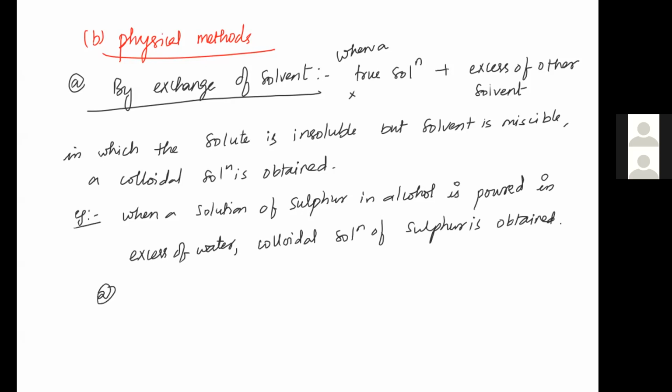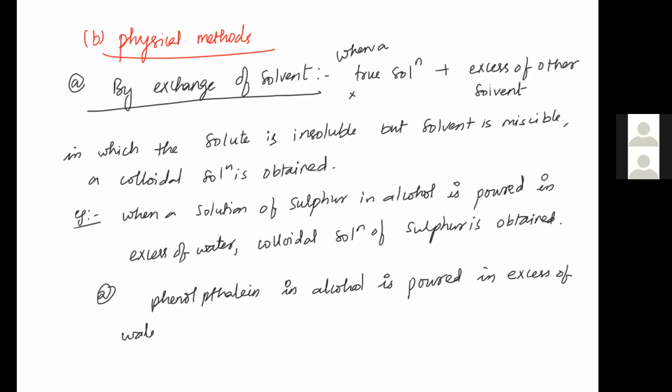Example 2. When a solution of phenolphthalein in alcohol is poured in excess of water, a white solution of phenolphthalein is found.